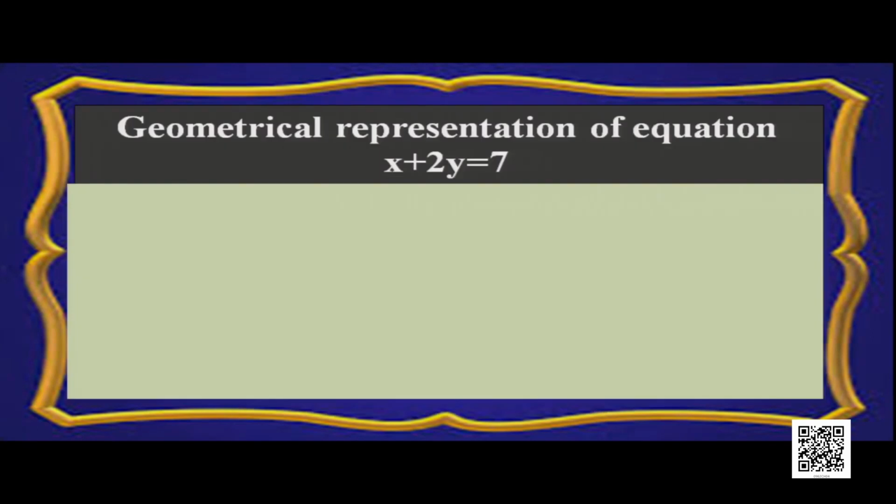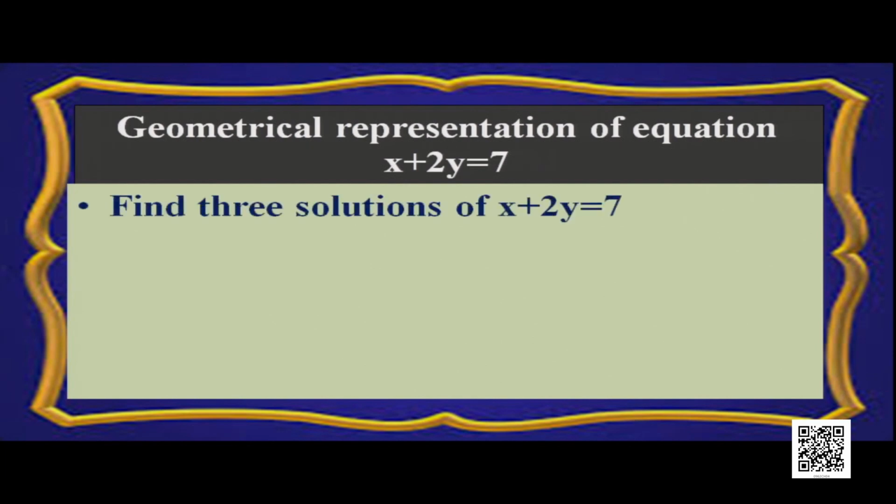Now see the geometrical representation of the equation x plus 2y is equal to 7. That means geometrical representation of the equation means to plot the graph of this equation. For that, what to do?